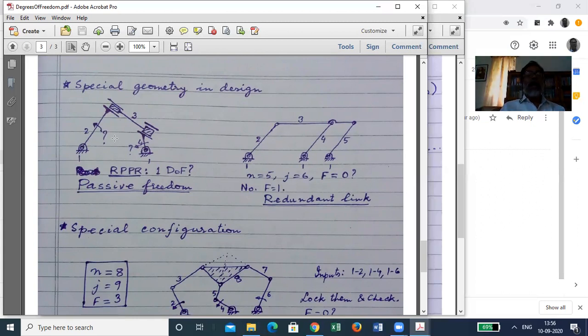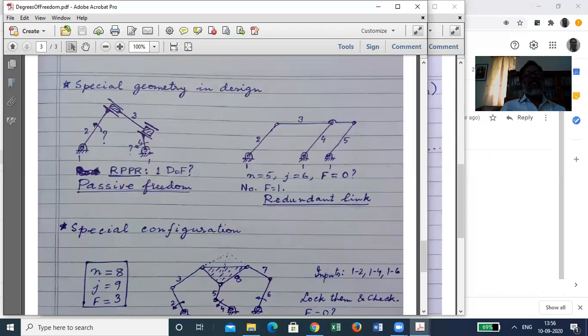And on the other side, the useful degree of freedom, useful in the task of transferring motion from input to output, the degree of freedom is actually 0, because neither can this link rotate nor can this.